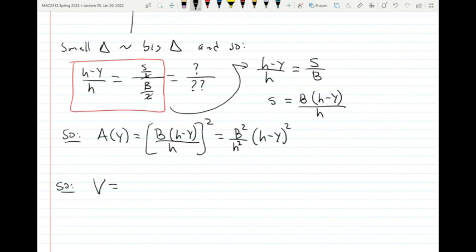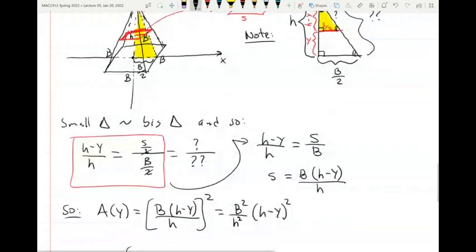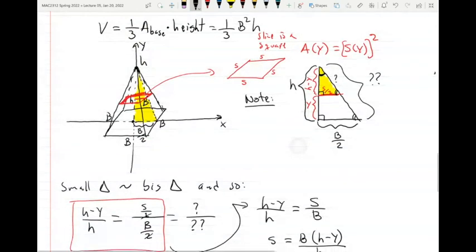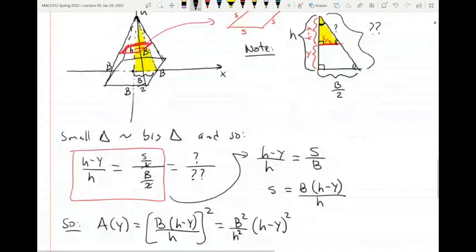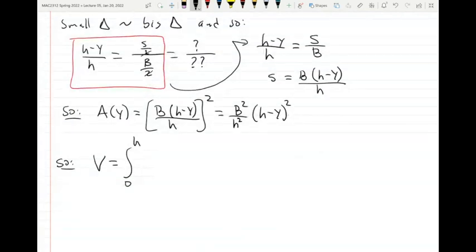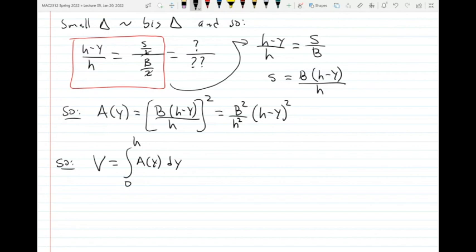So the volume of our pyramid is going to be the integral from where to where? What are our limits of integration? From 0 to h. So from 0 to h of A of y dy, because this time our slices are taken perpendicular to the y-axis. So let's put our formula and get to work.